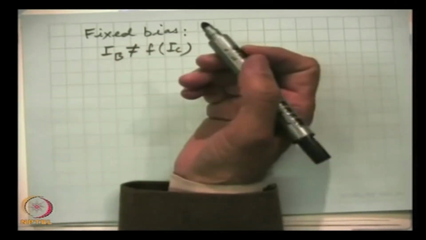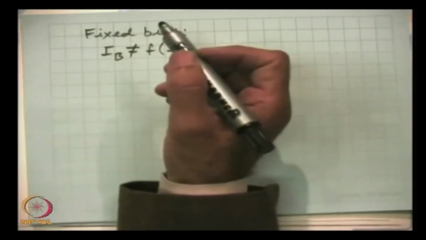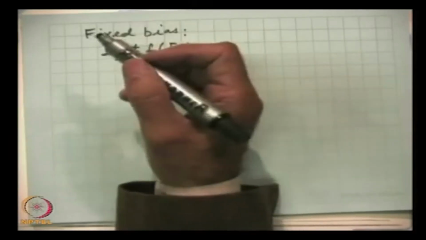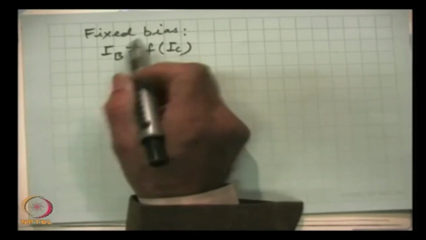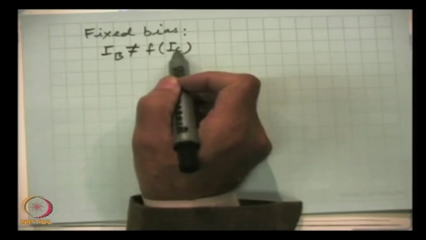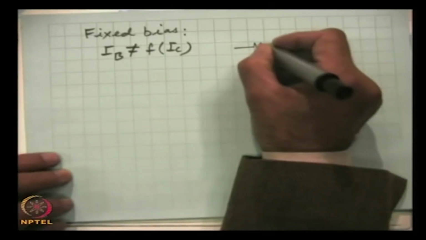The reverse is always true, of course, as long as we have biased the collector in reverse bias and the emitter in forward bias, the output current will be a function of this, but definitely in the fixed bias the input current will not be a function of the output current. Let us look at the circuit.